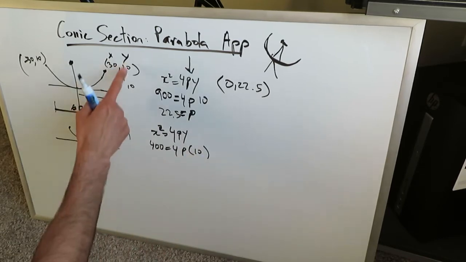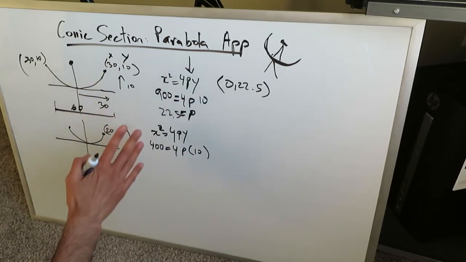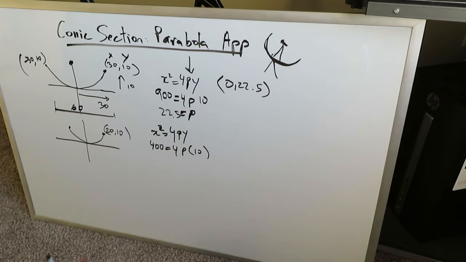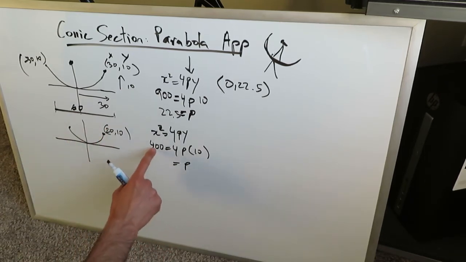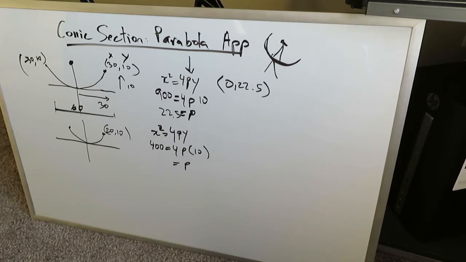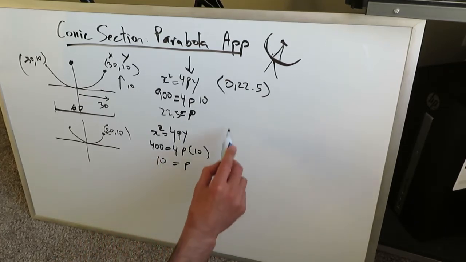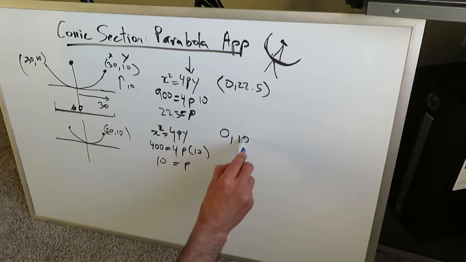You see I've kept the y values constant, which is fine. Keep something constant and affect only another dimension. We're affecting x only. Let's solve for p: 400 divided by 40 is 10, right? Yes, 10. My mind was slipping with that one. So the focal point here would be 0, 10.